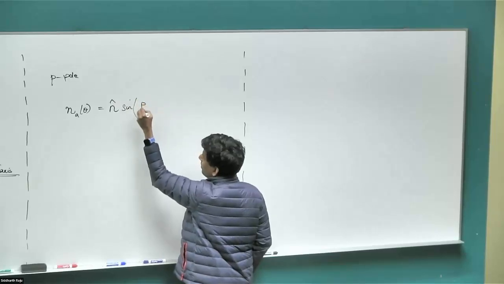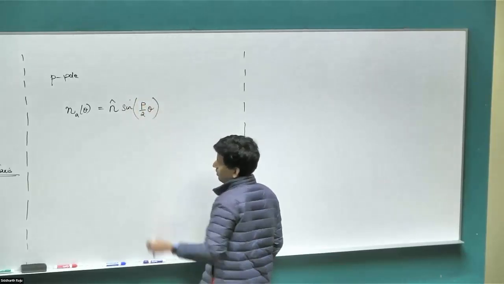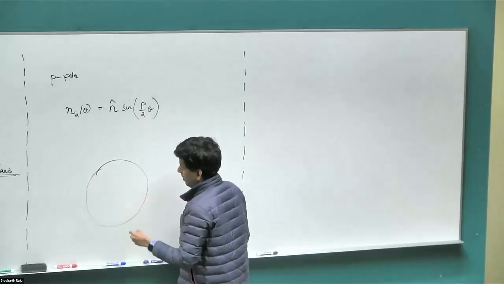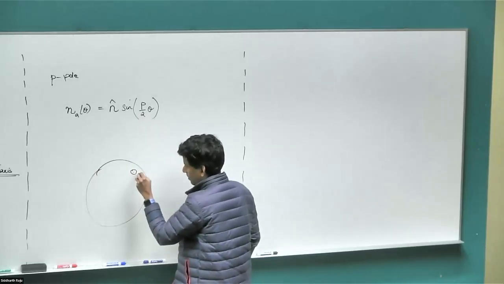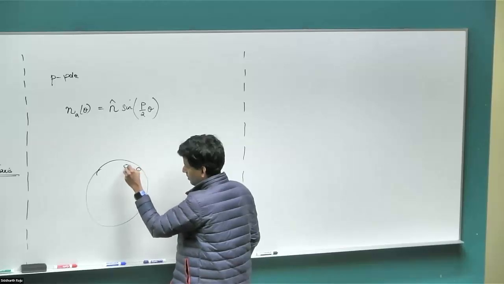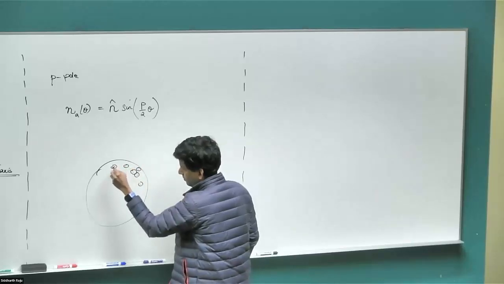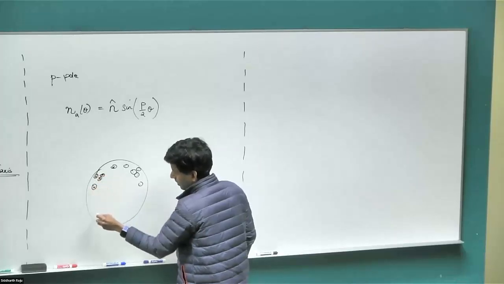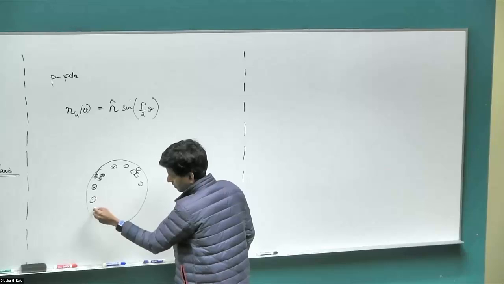Then sine of P by 2 times theta. What am I basically saying here? Let's look at the case of a four-pole motor, where the same thing repeats again.